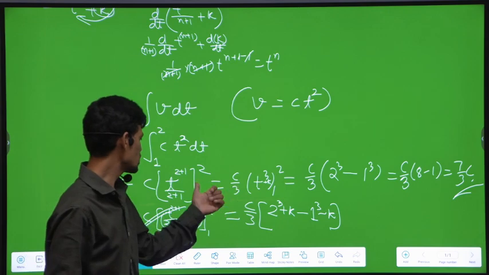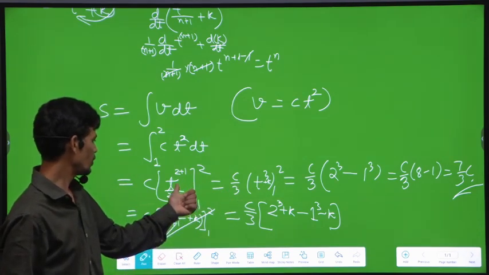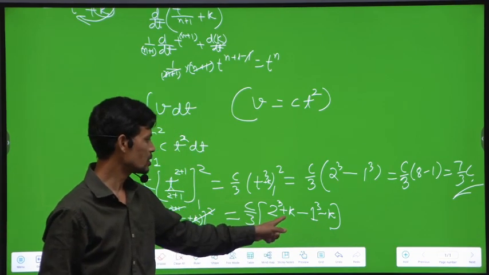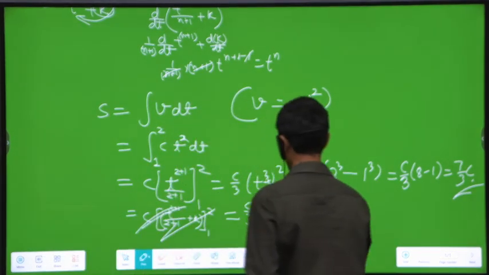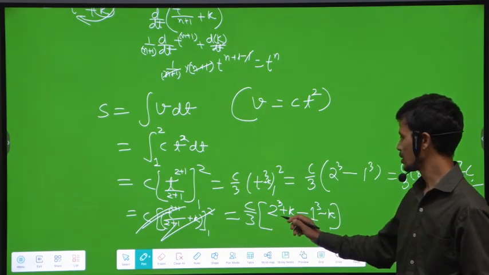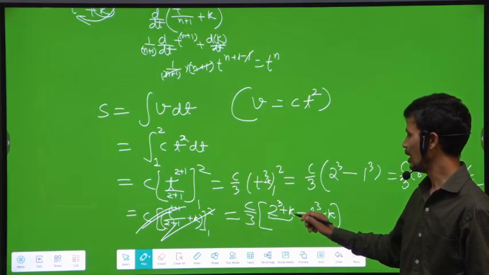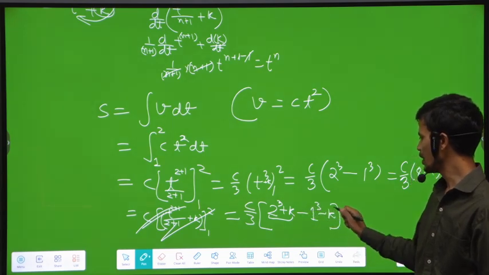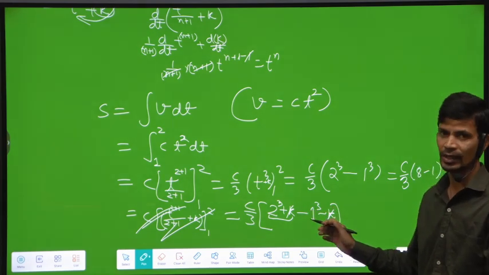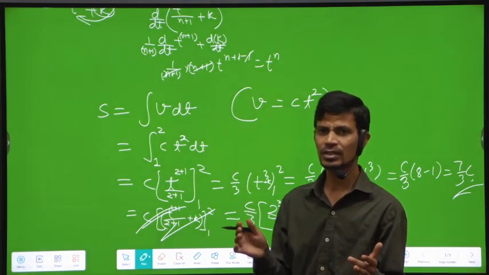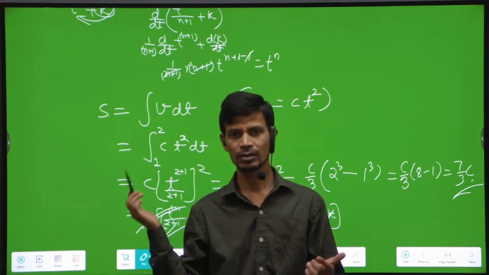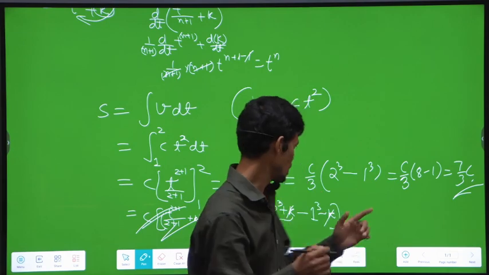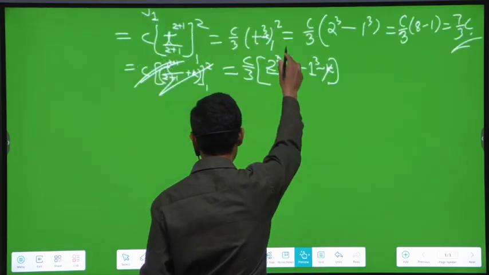Actually that constant will be considered in both the cases, and that constant will come with both the values. Because while applying the limit we have to put a negative sign, the negative of this will cancel that constant part. So while dealing with limits we don't have to worry about the constant part, because it will come in both the cases. Let me give you another example.